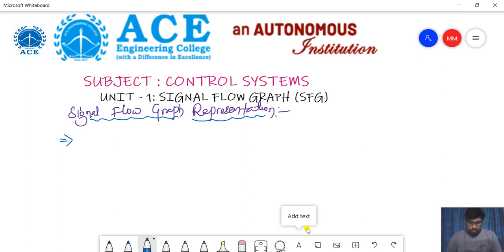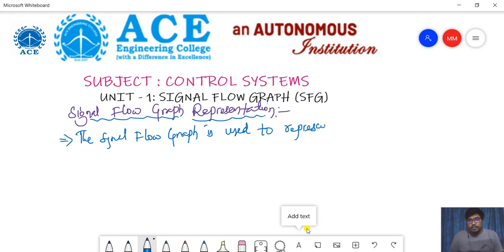We'll see a few points. I will write here: the signal flow graph is used to represent the control system graphically.